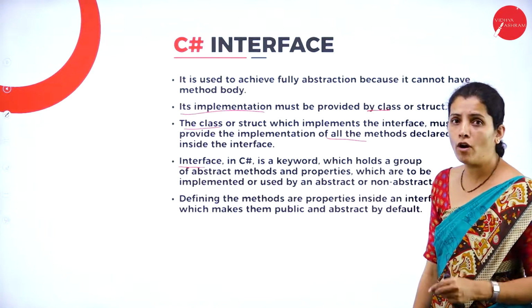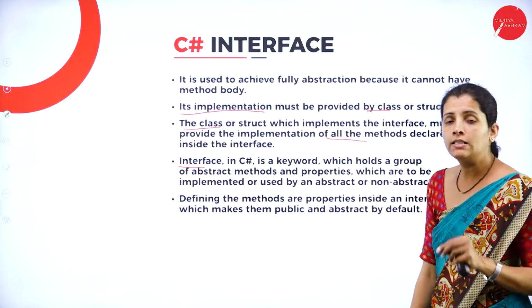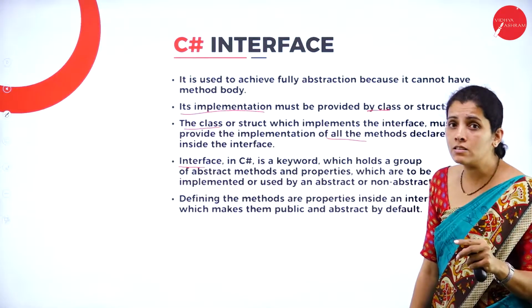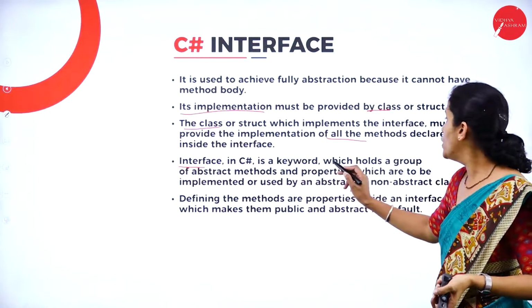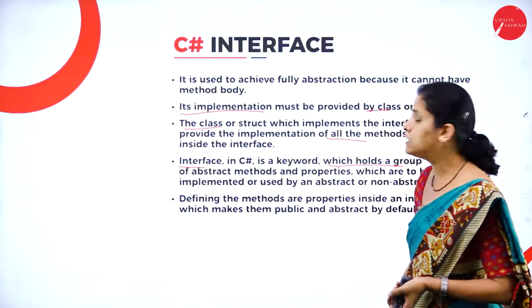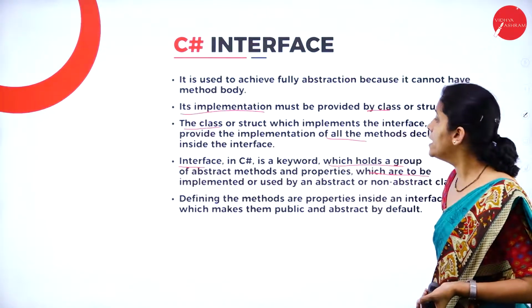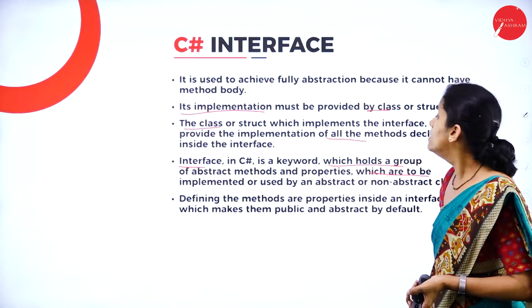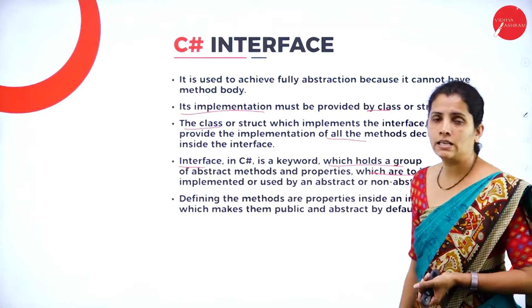Interface in C# is a keyword. If I want to define an interface, what is my first step? I want to use the keyword interface, which holds a group of abstract methods as well as properties which are to be implemented and used by an abstract and non-abstract class.